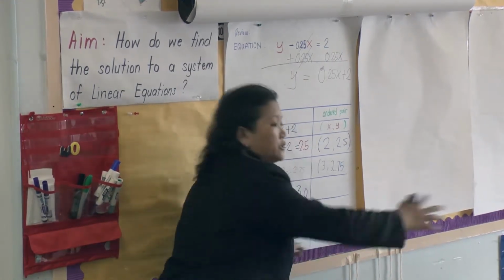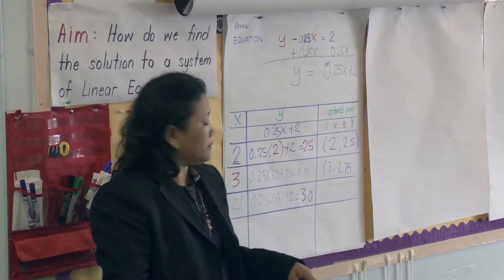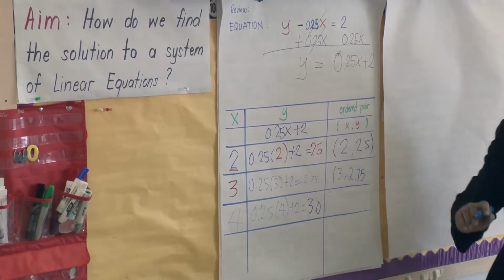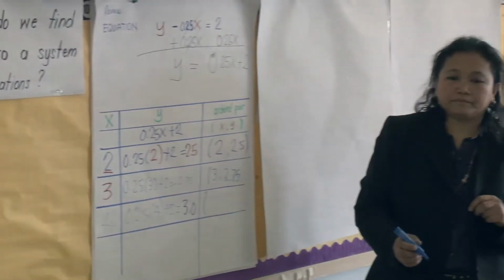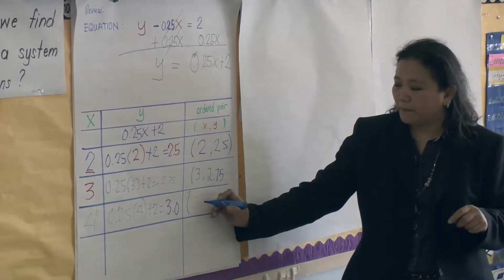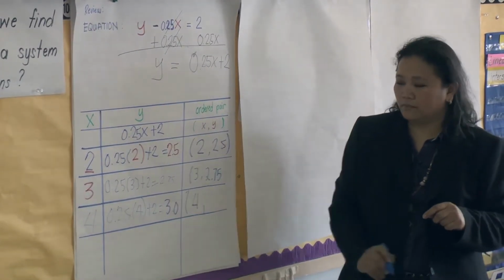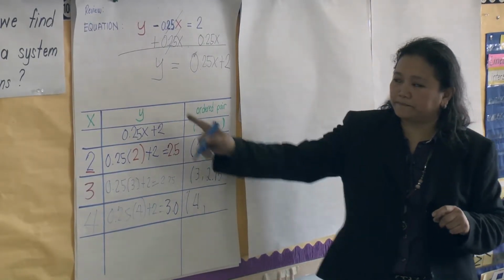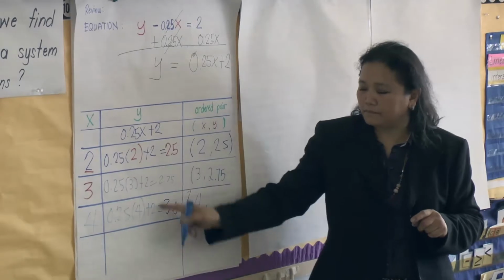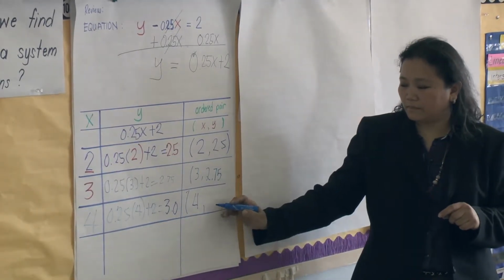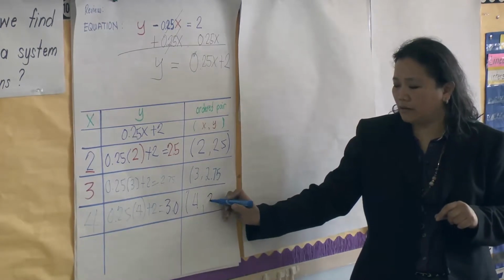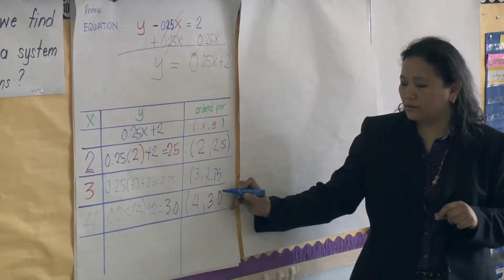Do you have the same answer, guys? Yes. Alright. Jason, help me out with the ordered pair. What will be the value for y? 3. So the ordered pair is 4 and 3.